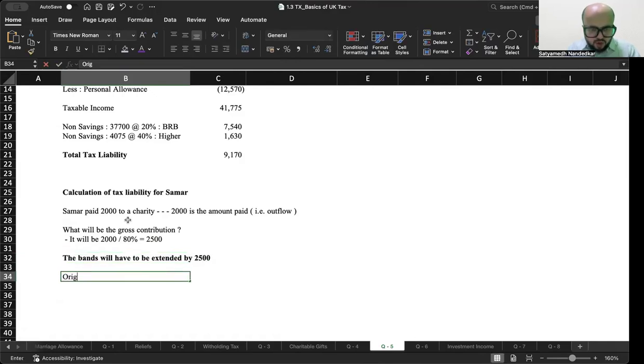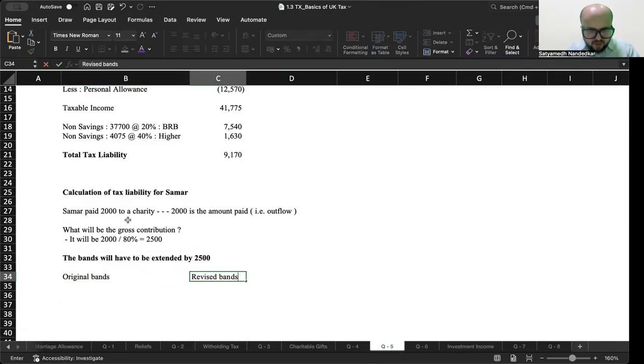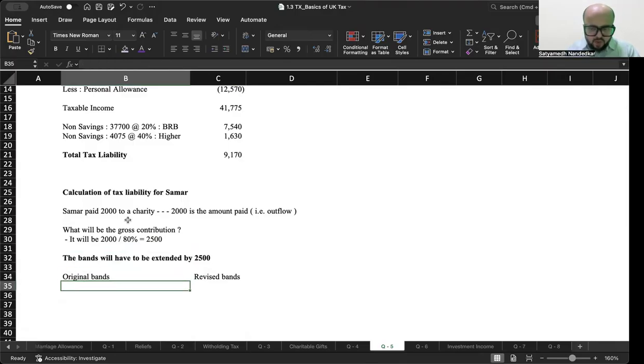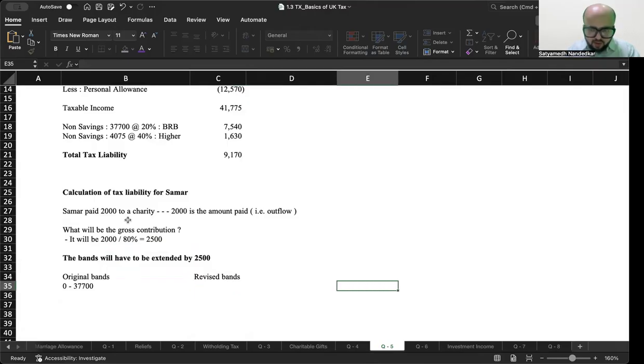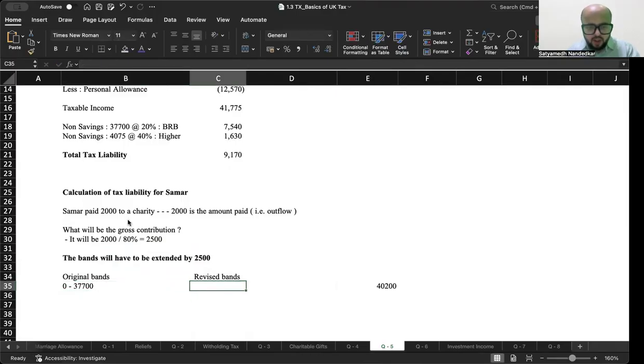I'll show you the original band here, and this will be the revised bands. Okay. So if the original band is 0 to 37,700, then to the upper limit 37,700, add 2,500 and you will get 40,200. Okay. This is the revised band.